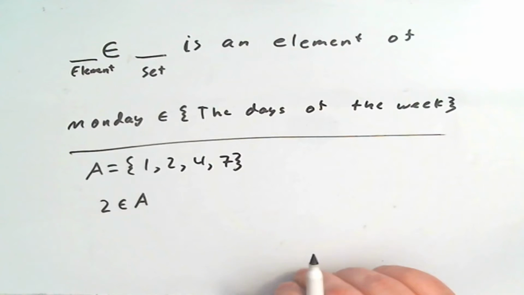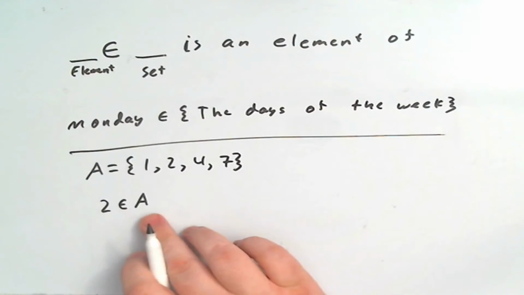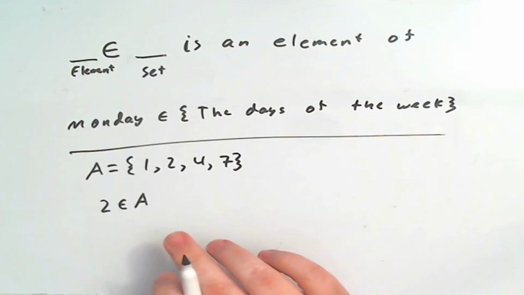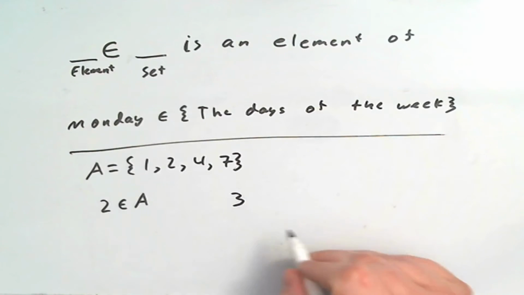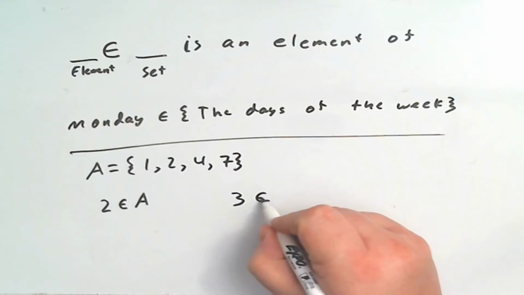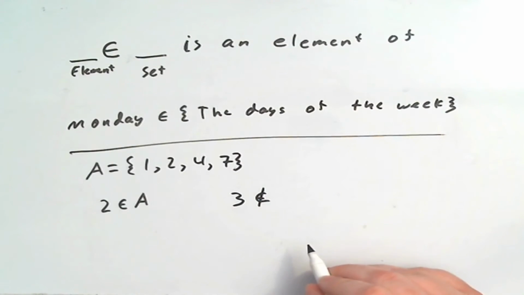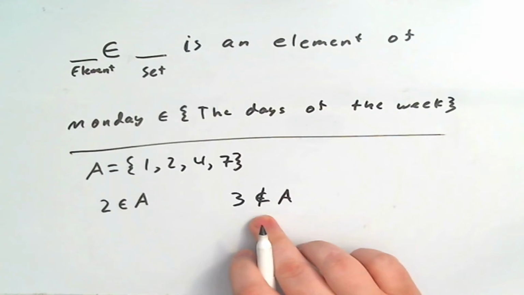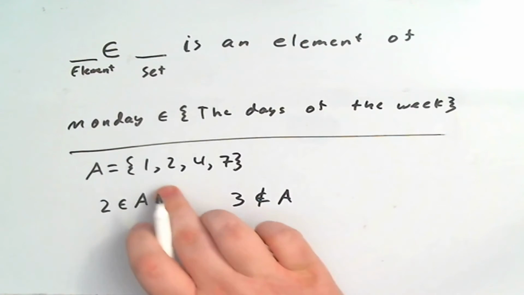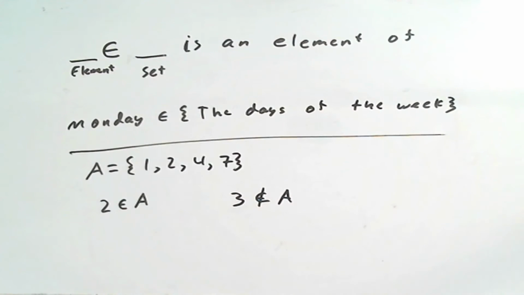However, the number 3 is not in this set. So if I wanted to describe an object that's not an element of the set, for example 3, I would write this symbol with a slash through it, and this is read "3 is not an element of A," and we see that 3 is not in this set.